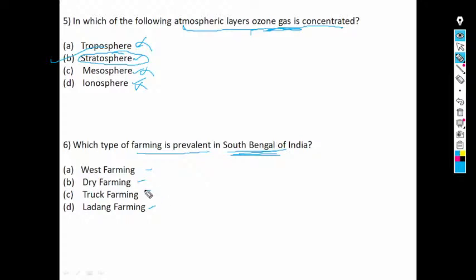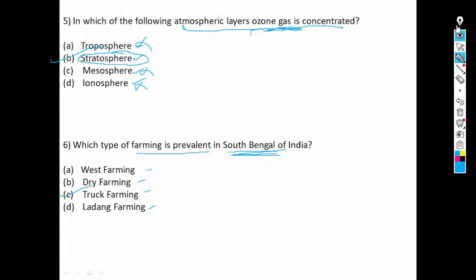Which one? It is basically truck farming.